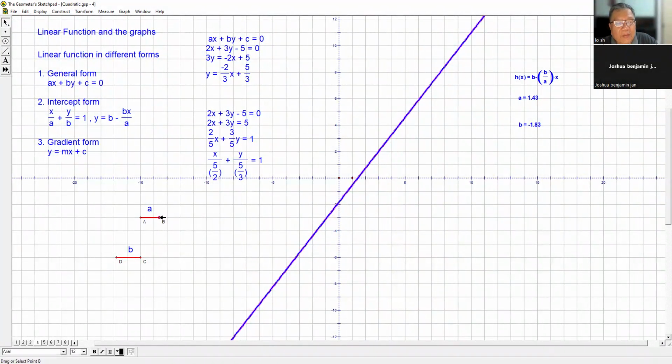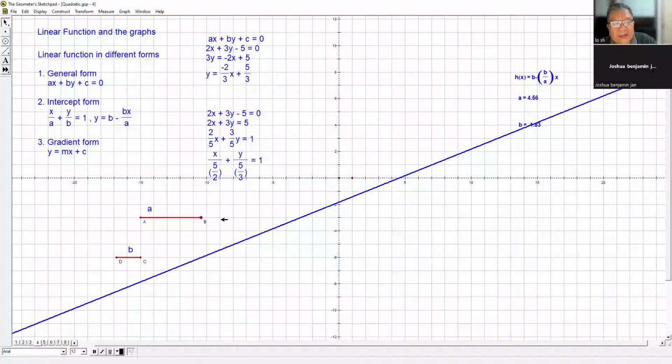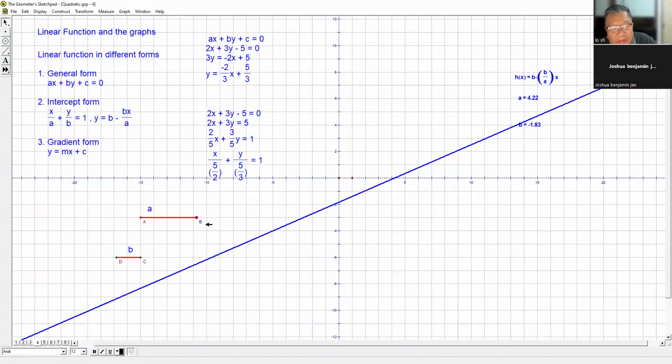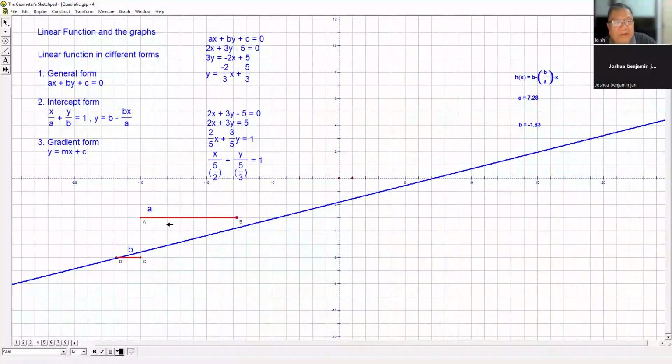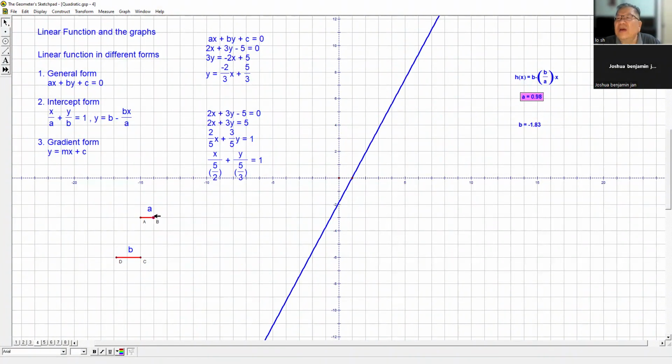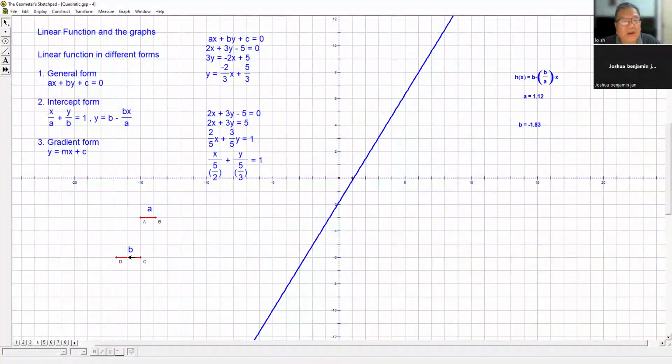Now, if you see, I move this value of A, I increase the value of A. As I increase it, you look at this value of A, 1.22.